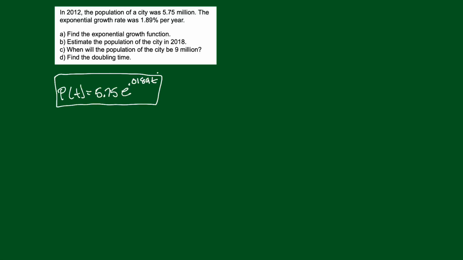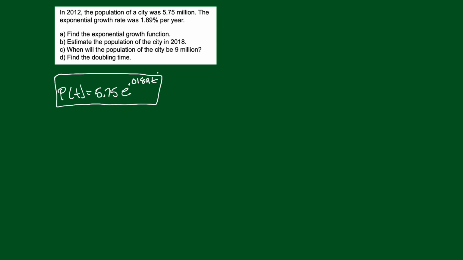And in part D, we want to find the doubling time. That means how long does it take from any point in time for the population to double in size? Well, let's think of it this way. In 2012, the population is 5.75. Now we want to know when this population is going to be double.